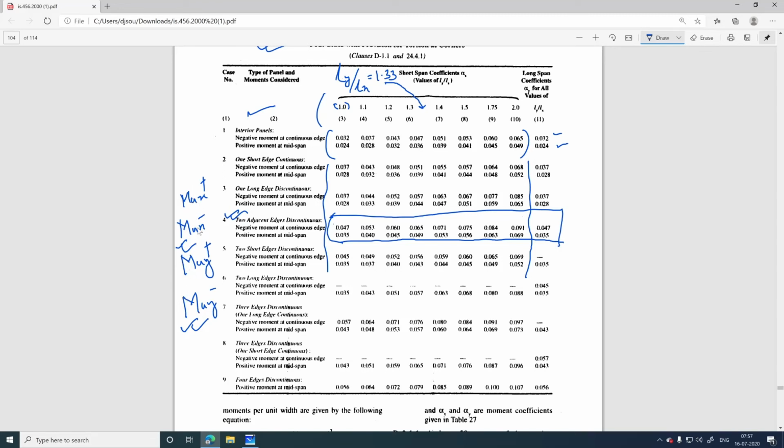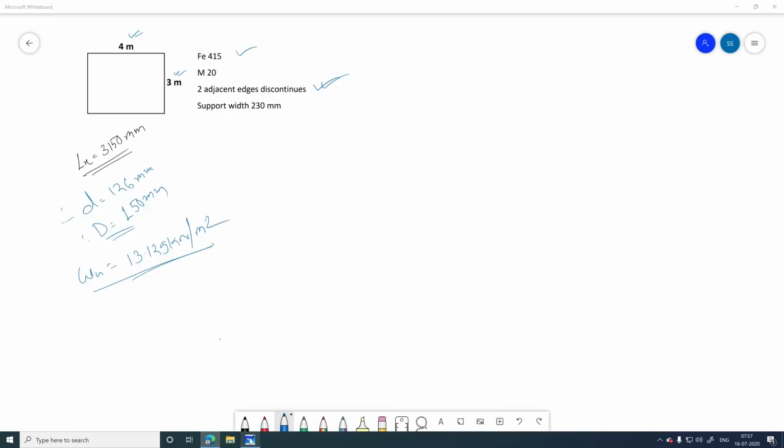So let's determine the value of Mux positive and Mux negative. So let's write determination of moments. Okay, so one is Mux positive, then Mux negative, then Muy positive, Muy negative.